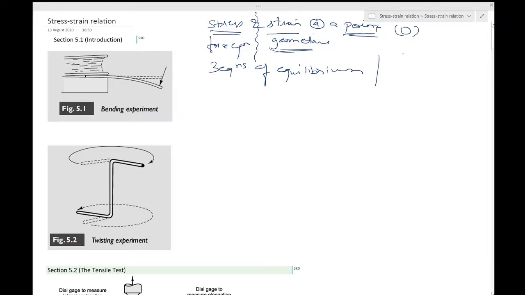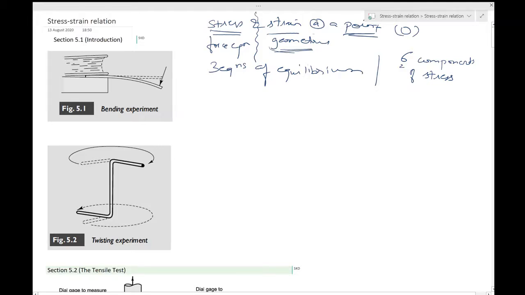You had six components of stress. In reality there were 9, but we showed that the shear ones were equal, so you ended up with 6 components of stress.